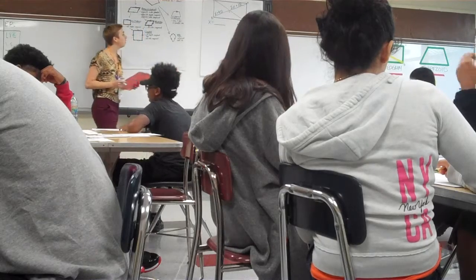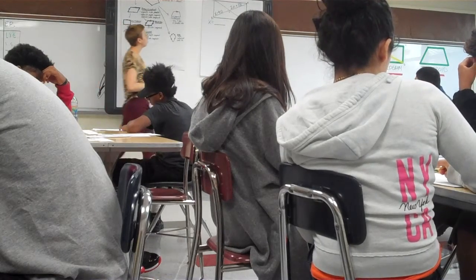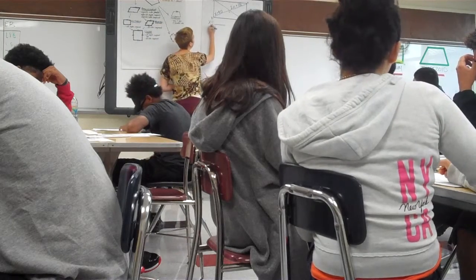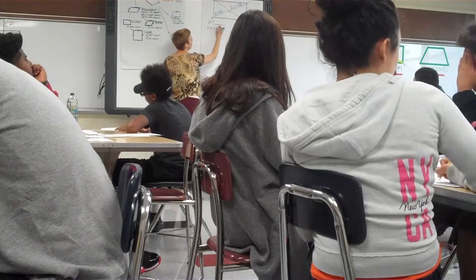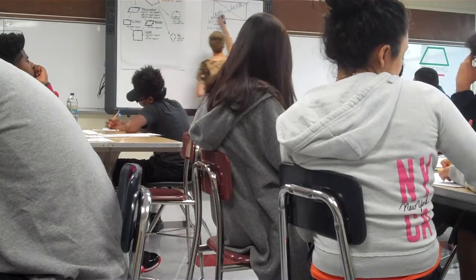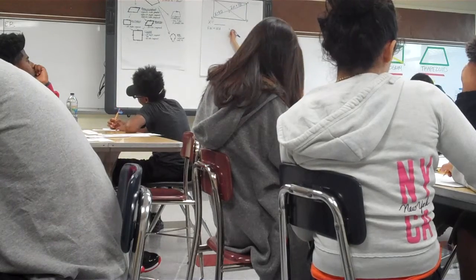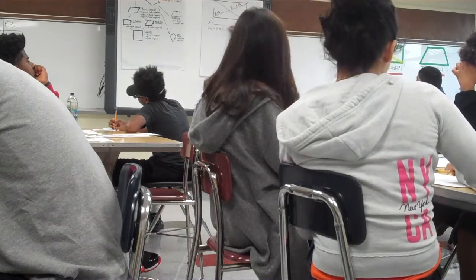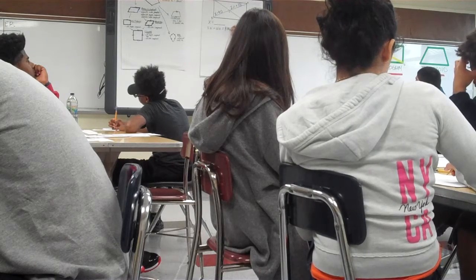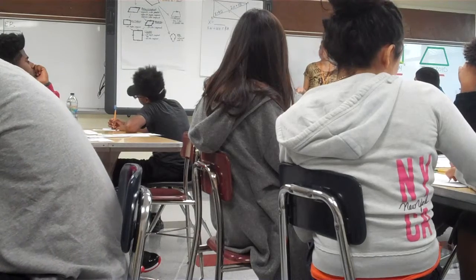What's our next step? Well, we know 1/2 plus 1/2 equals 1 whole. So we know that KW plus WA equals this whole line, so line KA. We don't know the value of KA though.